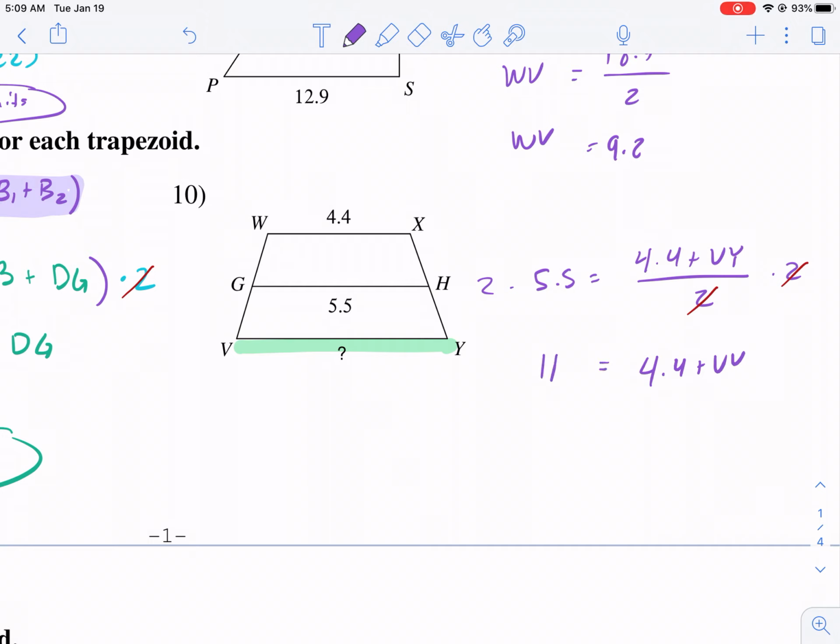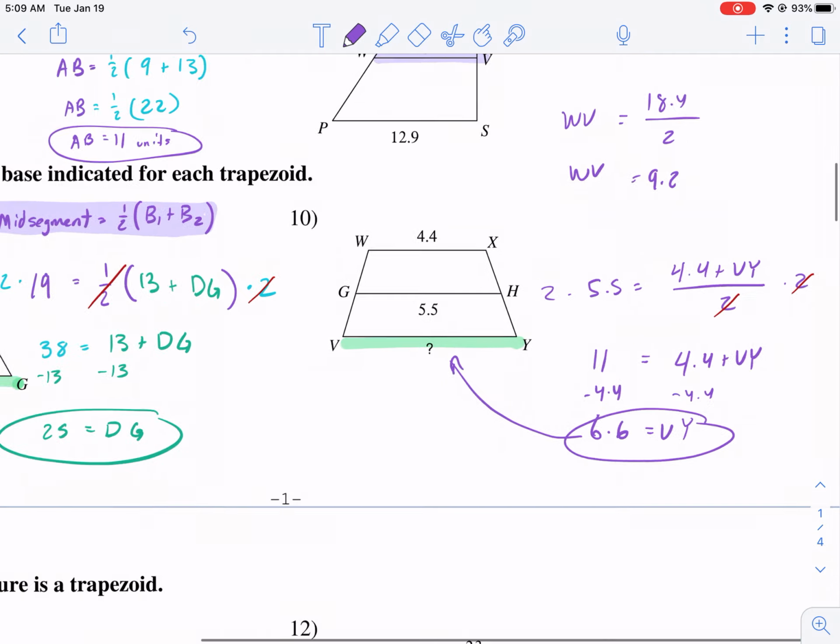And then we subtract by 4.4, so we have 11 minus 4.4. And we get 6.6 equals VY.